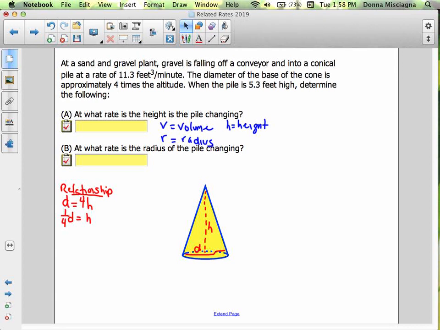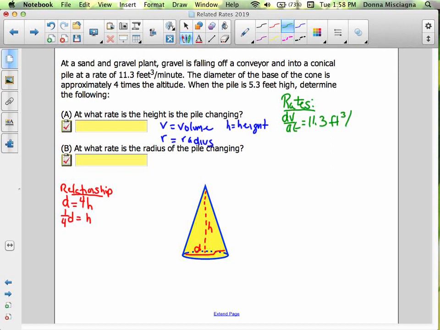Let's look at our rates. We have dV/dt, and that is 11.3 cubic feet per minute. And we want to find dH/dt.